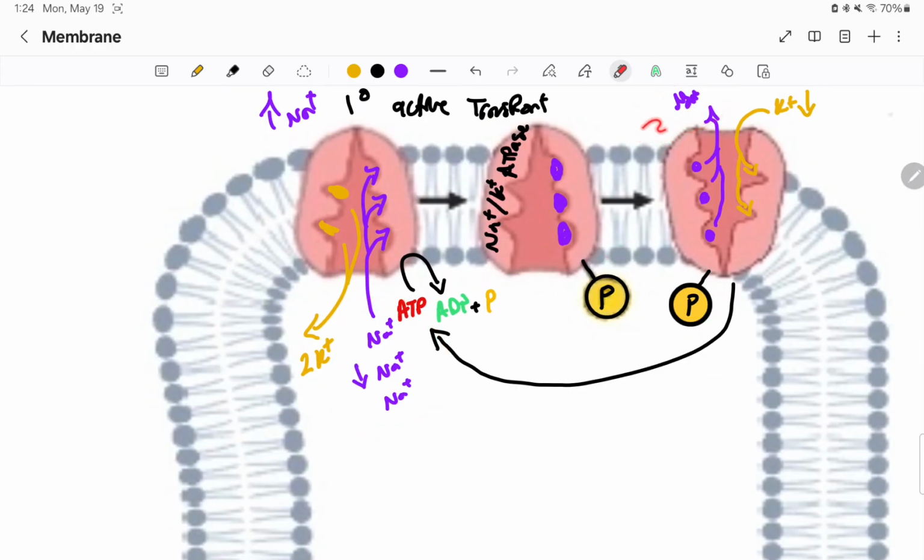They eventually create a gradient where sodium is super high outside and super low inside, okay? And the same thing with potassium. They keep taking the potassium from outside of the cell and pushing it in the cell to make it super high inside of the cell, but super low outside of the cell.